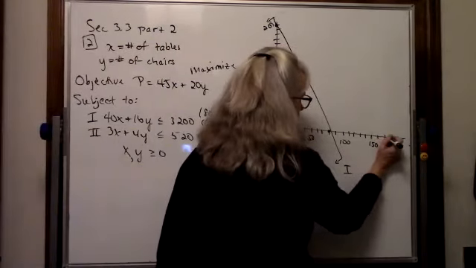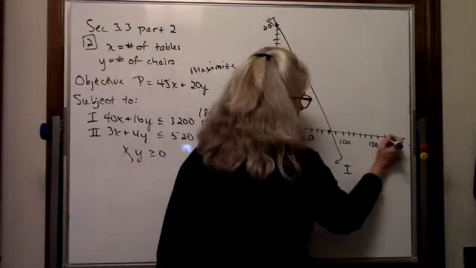The y's will cancel. 12 from 40 is 28x equals 3,200 minus 2,080, which gives us 1,120. Divide by 28 and x is 40. You read this sigh of relief that it's a nice answer.